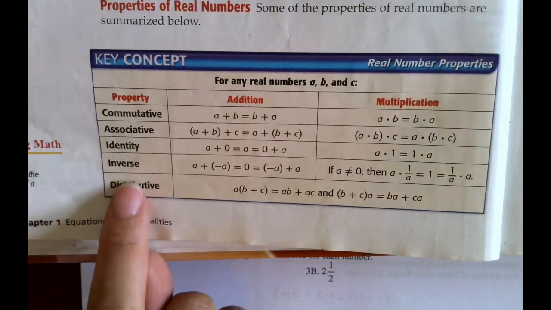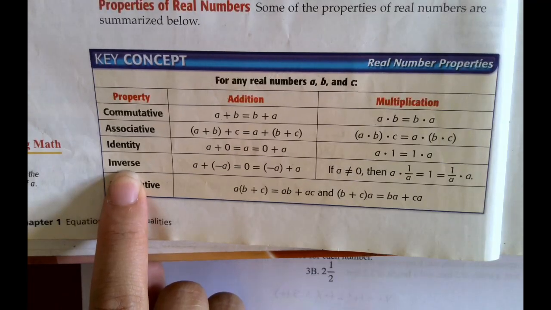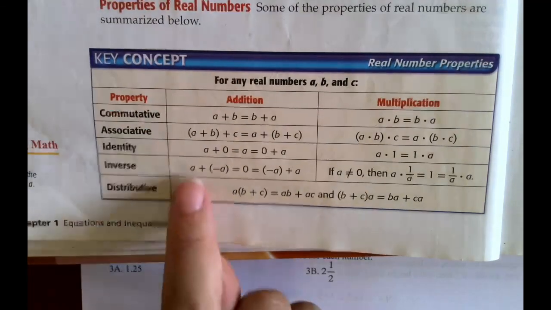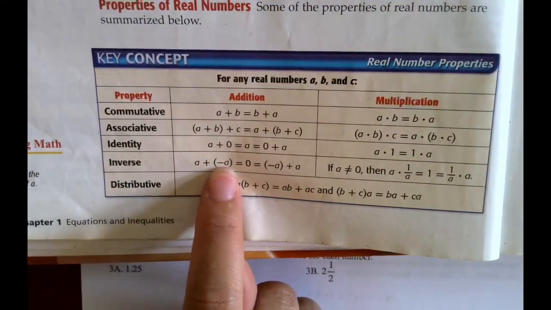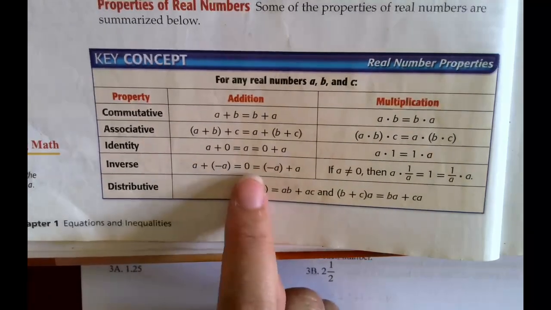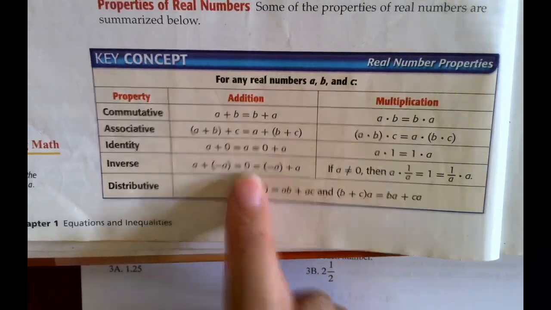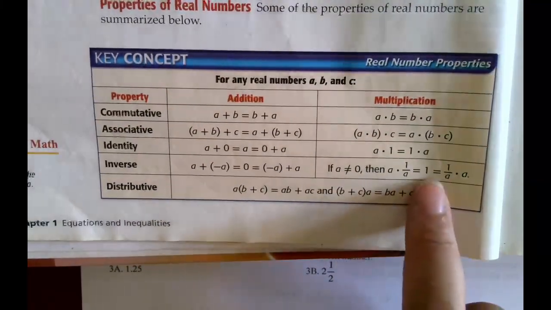Inverse property, we often talk about it when we're solving as canceling things out. So for the addition, to cancel A out, we do the opposite or the inverse of it, which is negative A. Note they cancel out to be 0. But for multiplication, instead of canceling out to be 0, we cancel out to be 1.